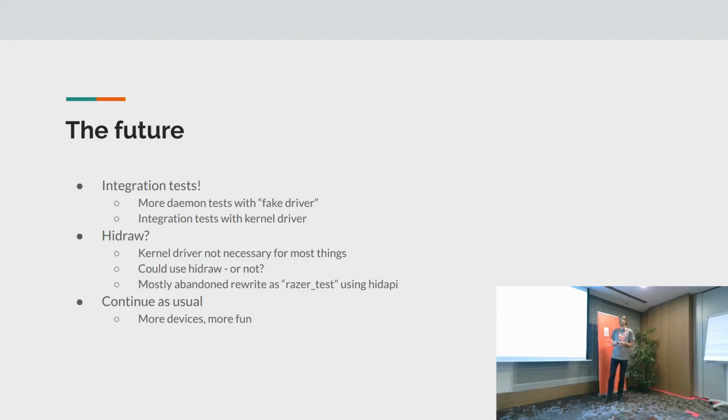Yes, years ago I started a rewrite that I wonderfully called Razer_test, which was basically doing this exact thing. So from user space, just talking via hidraw, using actually HIDAPI, which is a wonderful cross-platform project for basically sending USB HID stuff on multiple platforms. This project actually even ran on the different BSDs that I tested.